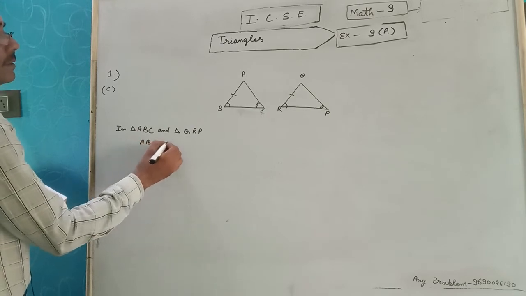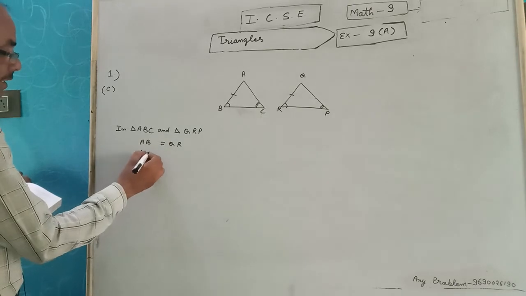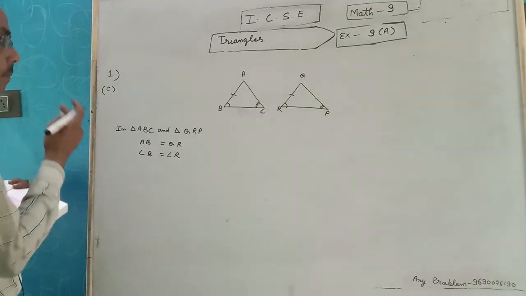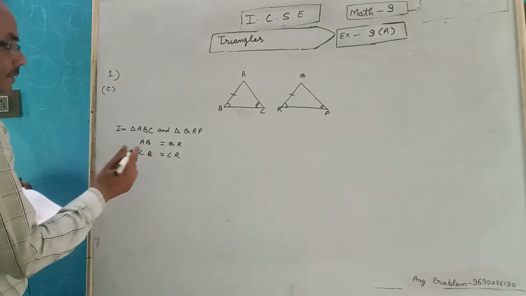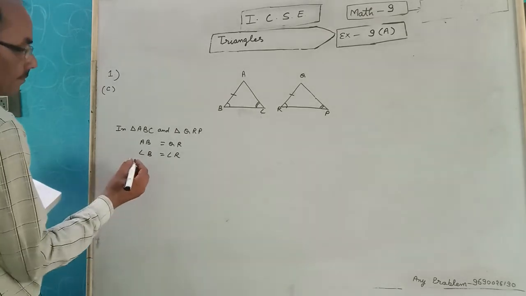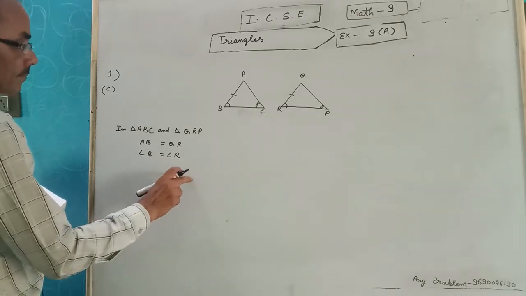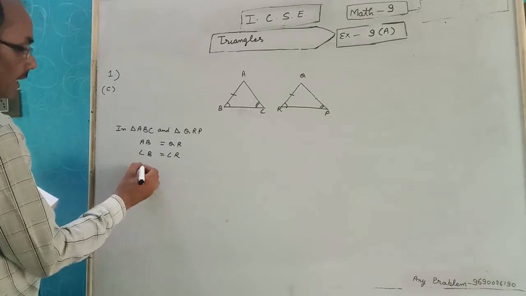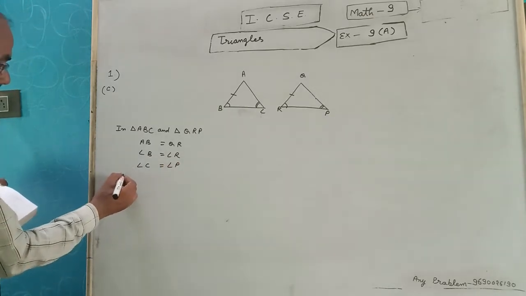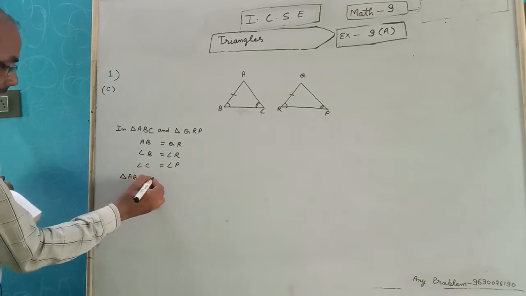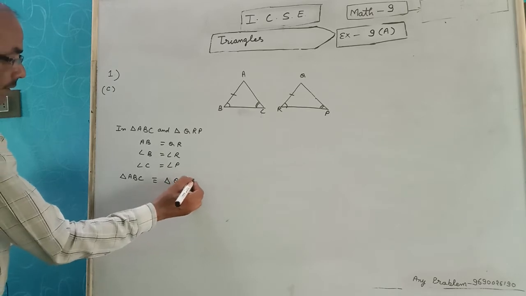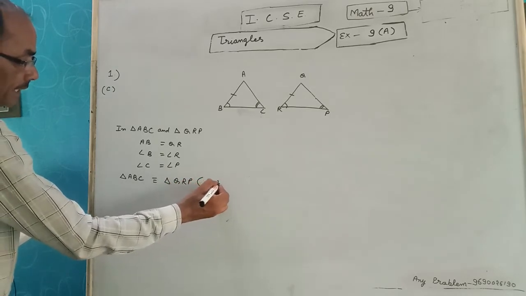AB equal QR, angle B is equal to angle R, and angle C equal angle P. Triangle ABC congruent triangle QRP by ASA.